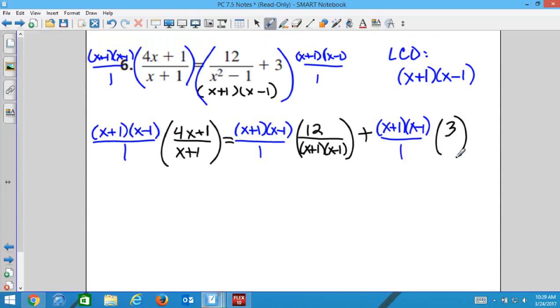That last term 3, if I were going to make that last term 3 into a fraction, it would be 3 over 1.